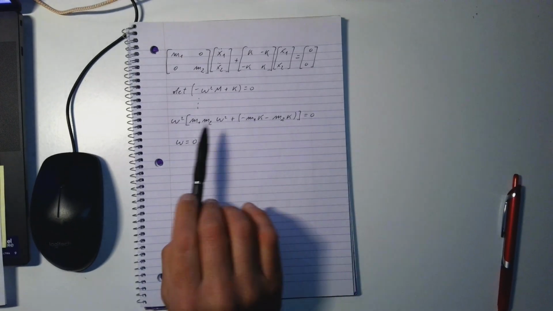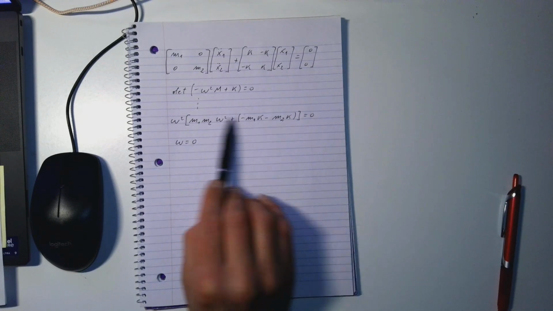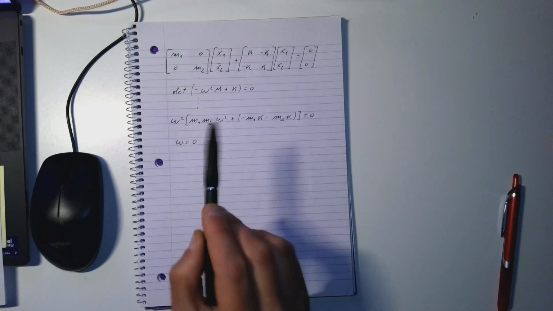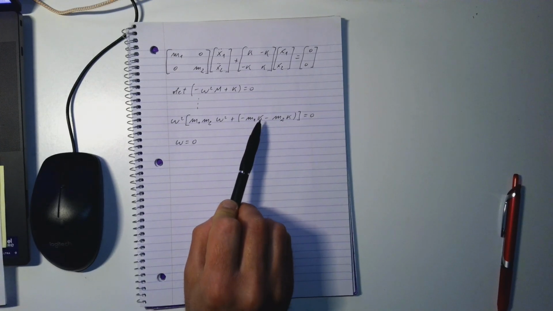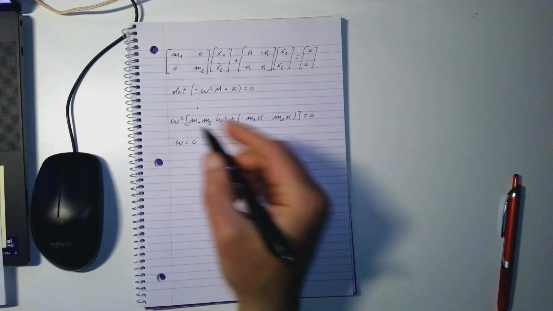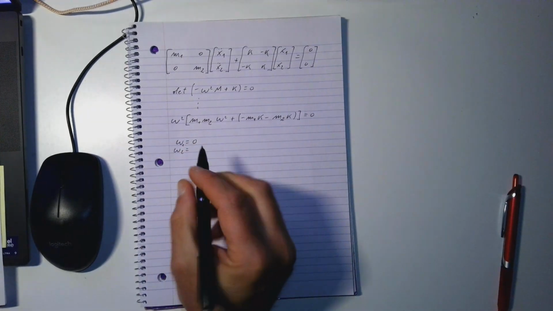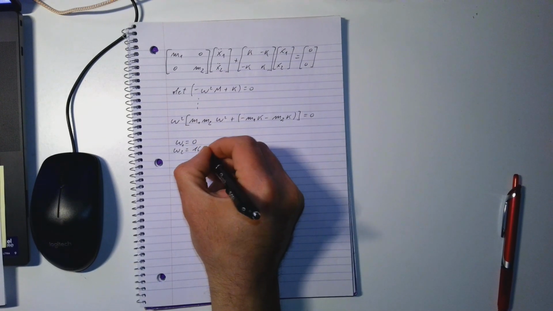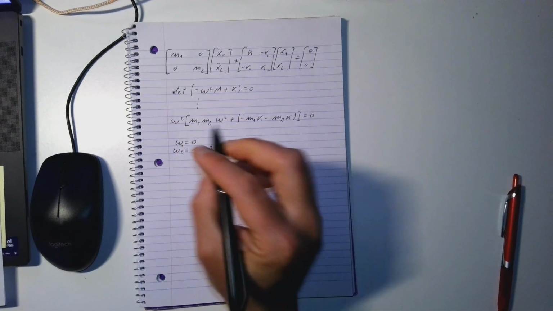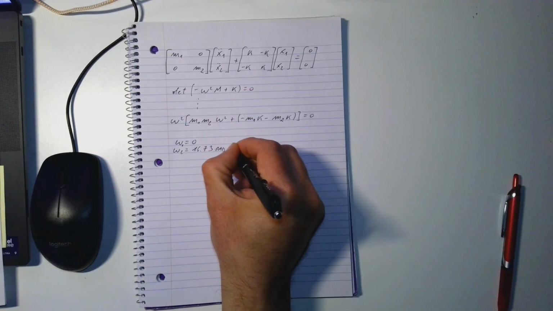The second natural frequency comes from equating this to 0. When we plug the numbers for mass and stiffness, we obtain that our omega 2 would be 16.73, and these are radians per second.